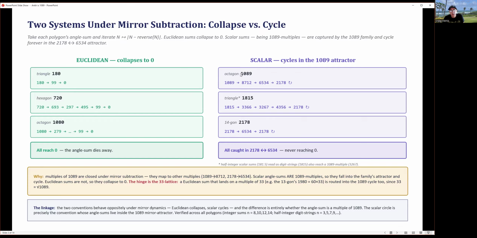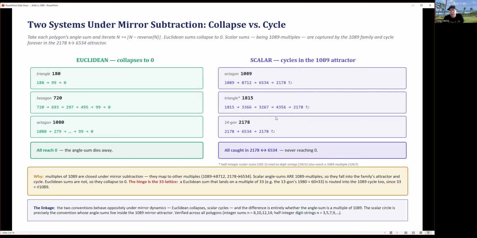And over here, the group of numbers I identify as a family of numbers that do not collapse into zero, but go into a cyclic loop. So here it's 1089. If you do the mirror subtraction, it'll go to 8712 and so forth. These numbers are not going to collapse into zero.